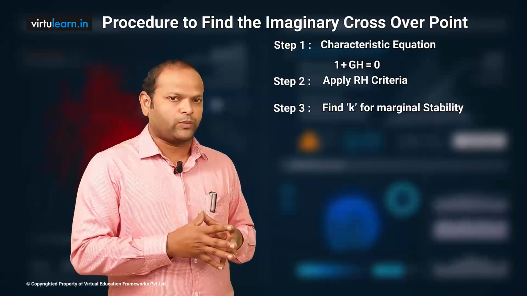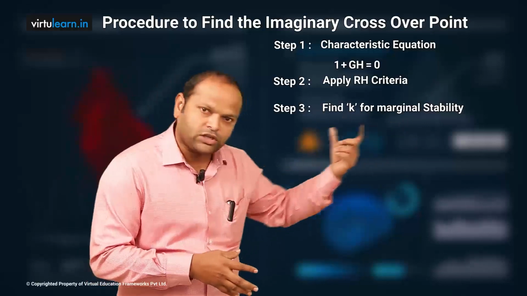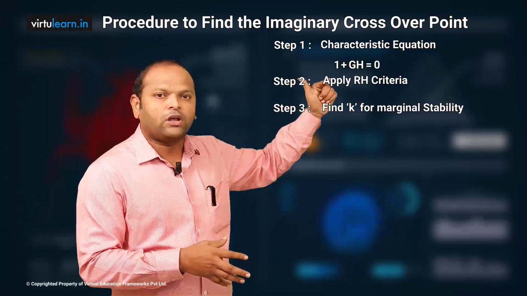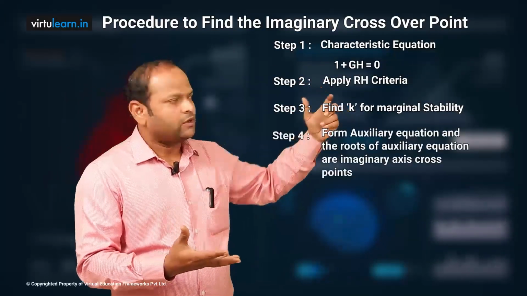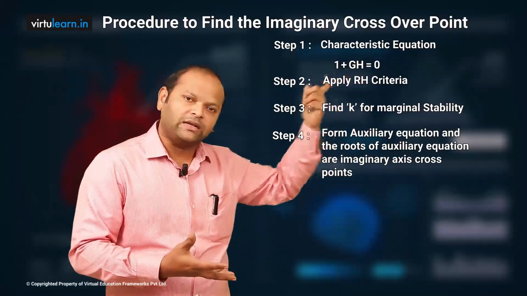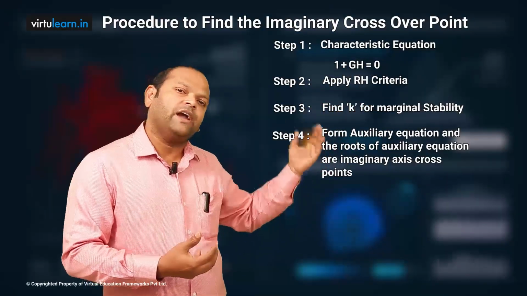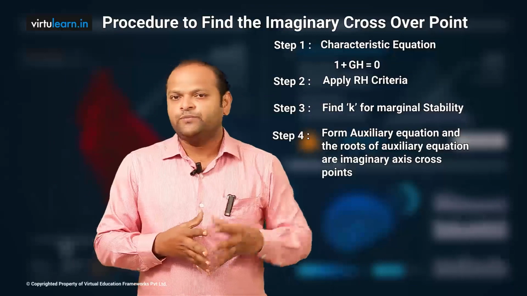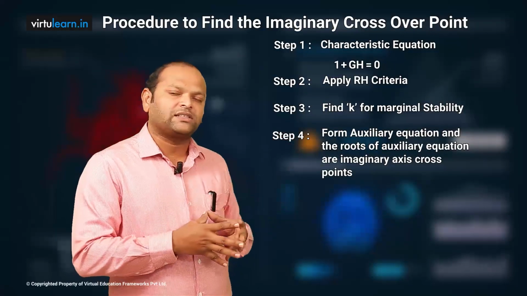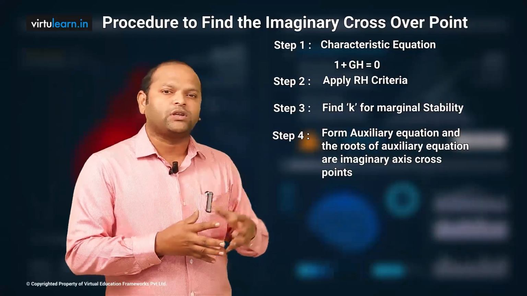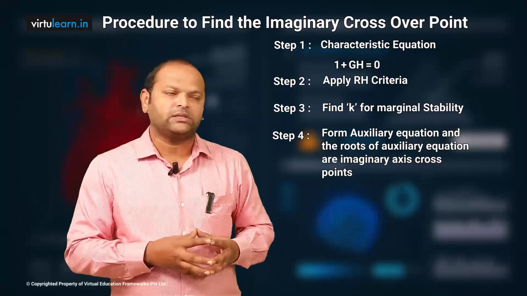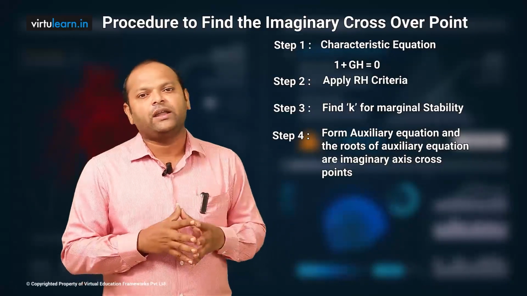Then how to find the imaginary crossover points? Now when you make one row 0, just above that row is the auxiliary equation row. From those coefficients we can write the auxiliary equation, then find the roots of the auxiliary equation. Whatever roots you get from the auxiliary equation, those roots are the imaginary crossover points. So this way we can easily find the imaginary crossover point.